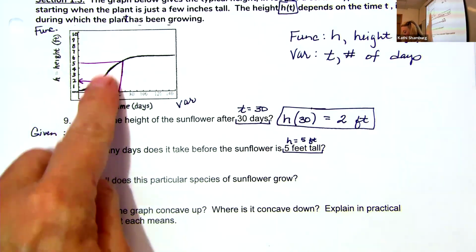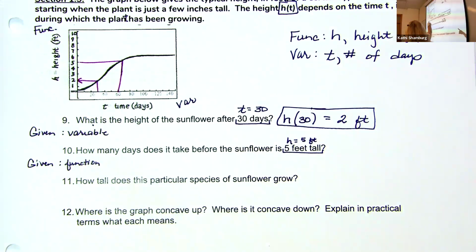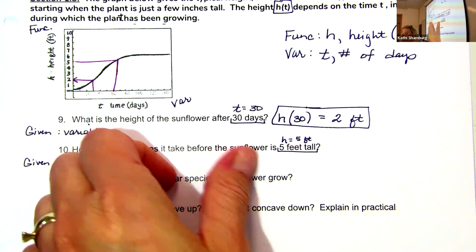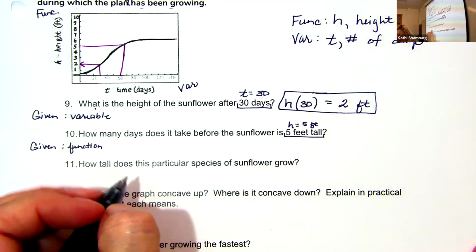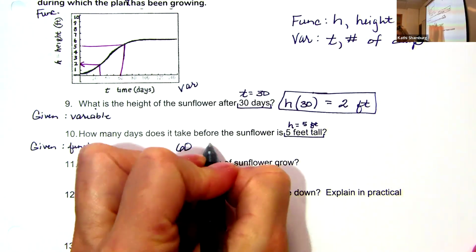So notice if I'd gone, mine would have been a little bit different. Okay, so this is where I would have some leeway. You guys landed at 60, which is fine, but by the way I drew it, I probably would have landed maybe between 60 and 70. So I'll have some leeway on that, just dependent upon what your picture looks like. So just know that, okay? So, but we'll go with 60. That would be 60 days. Okay, 60 days.